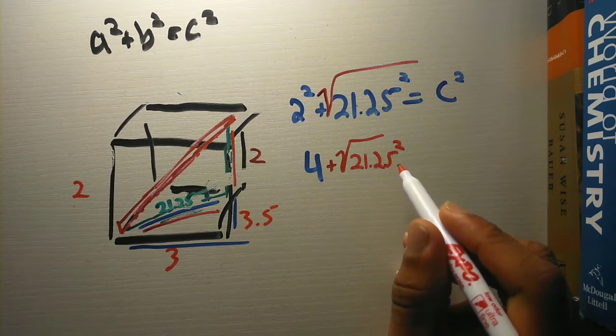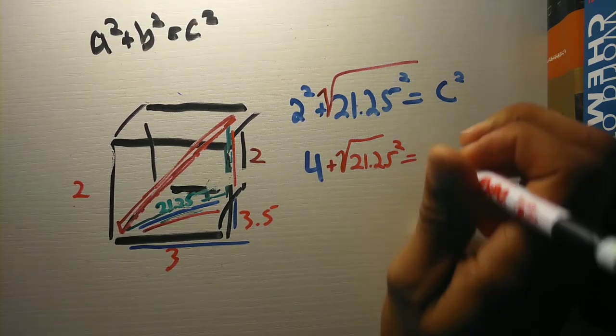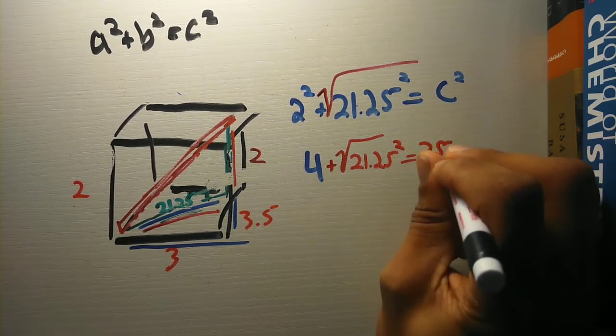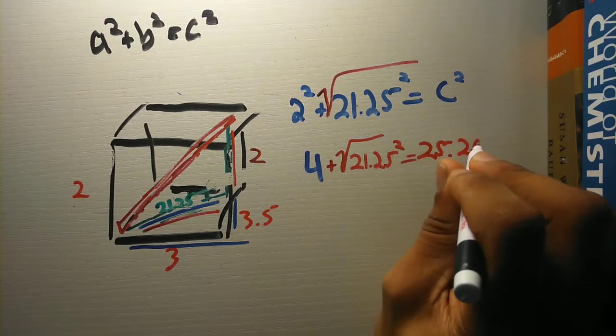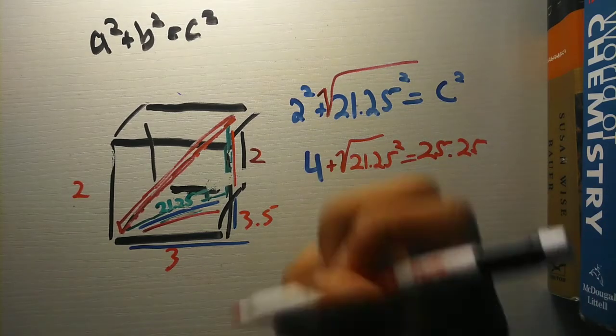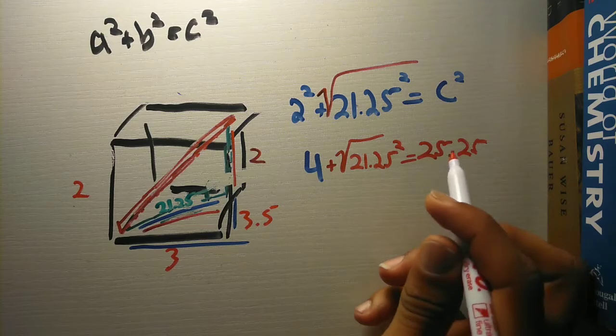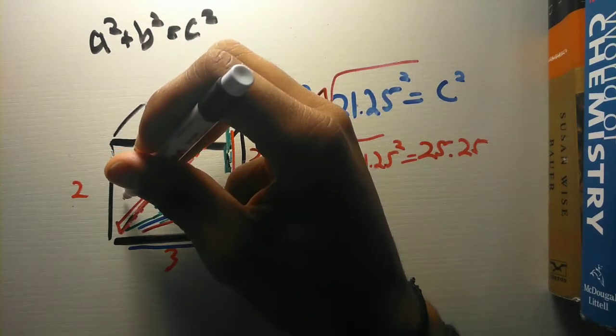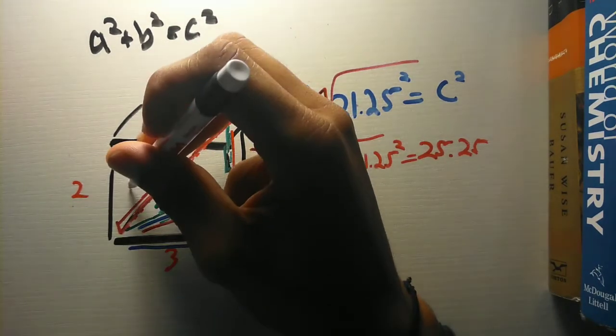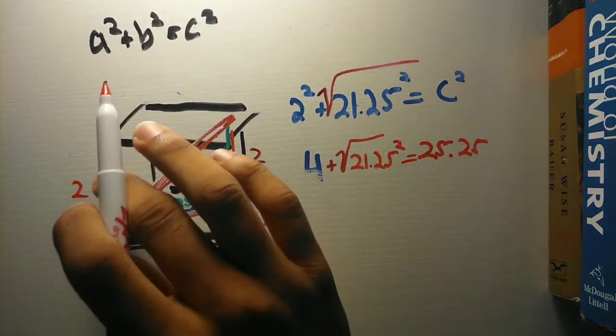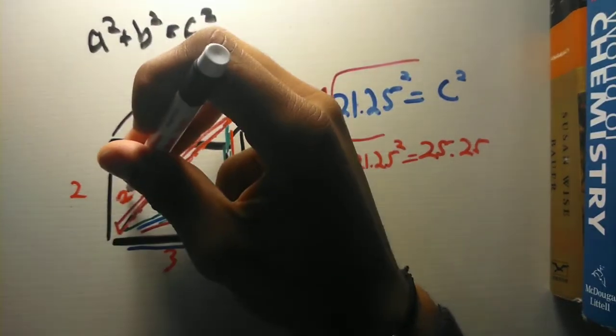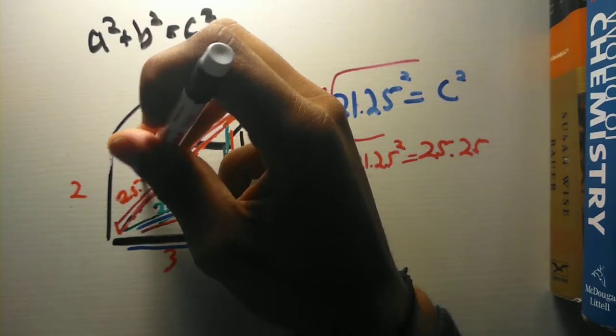All right. What do we get? We get 25.25. All right. We finally have our last length, the length of the pole. Well, actually, no. My apologies. Well, yeah, we do, but we have to simplify. 25.25.